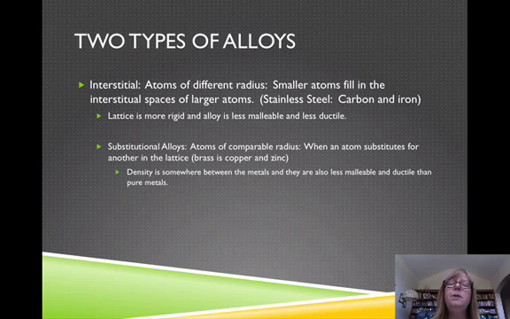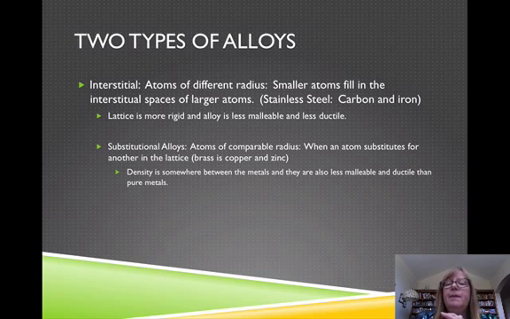All right, well, there are two types of alloys, and one of them is called the interstitial alloy, and that's when you have a metal atom and then another atom that has a different radius. So two different sized atoms, and the smaller atoms are going to fill in the interstitial spaces of the larger atoms, or spaces between the larger atoms.